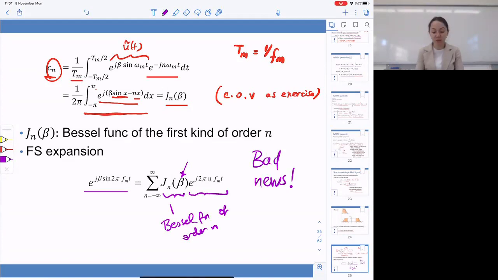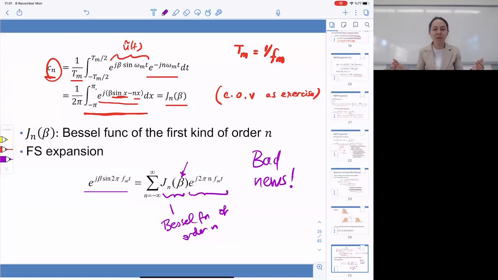Because look, how many spectral components are there here? What is the spectral content of our FM signal or of our PM signal? Infinite. We have an infinite number of spectral components.